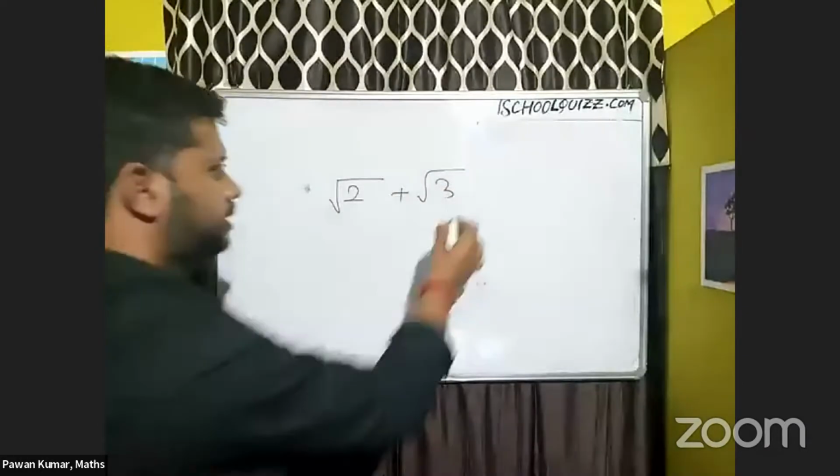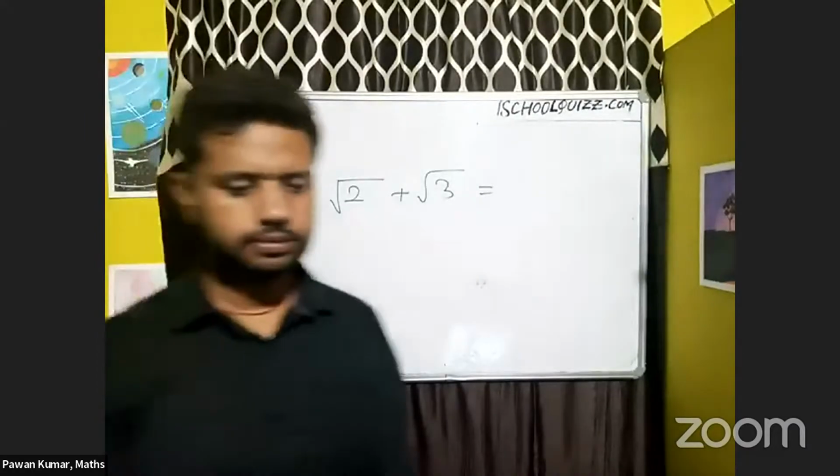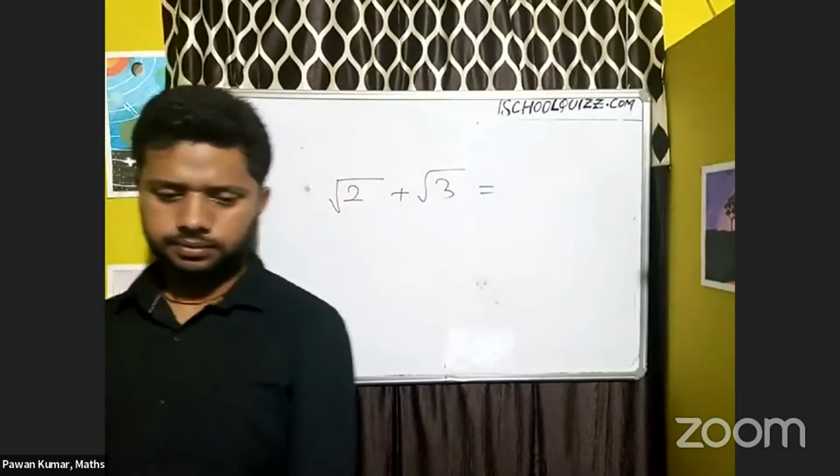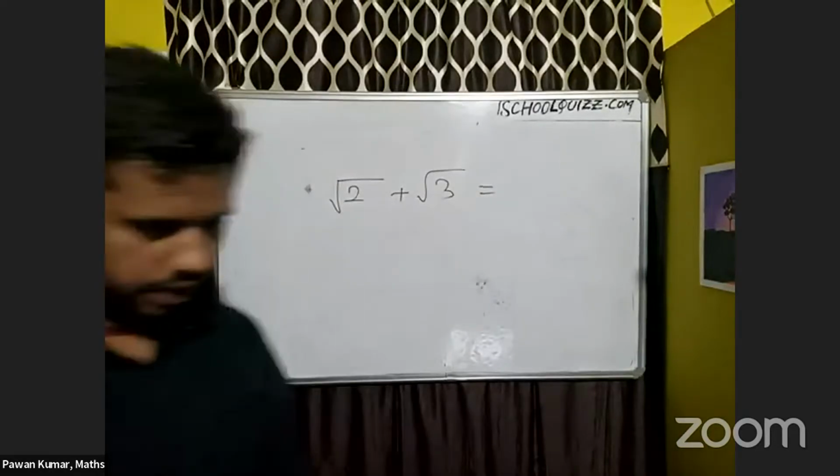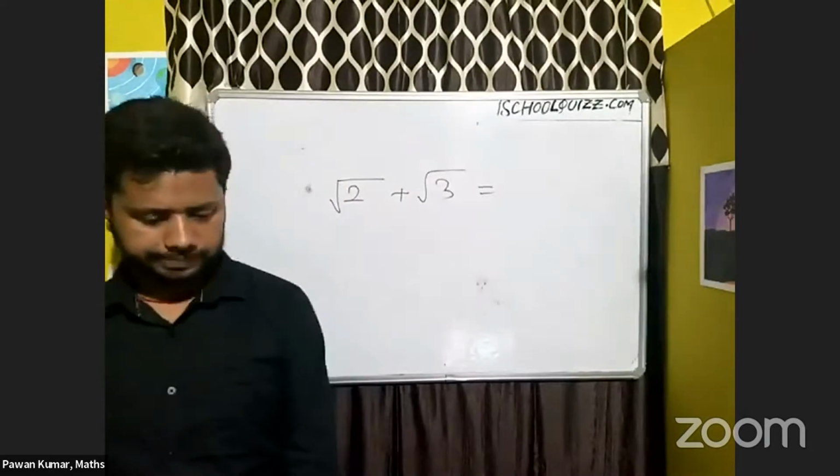तो कितना होगा आंसर इसका, how much you can get there, √2 + √3?